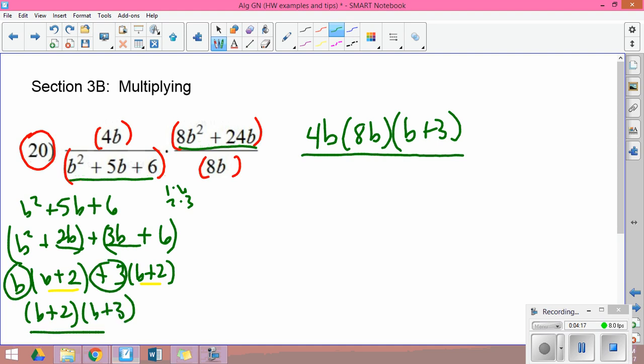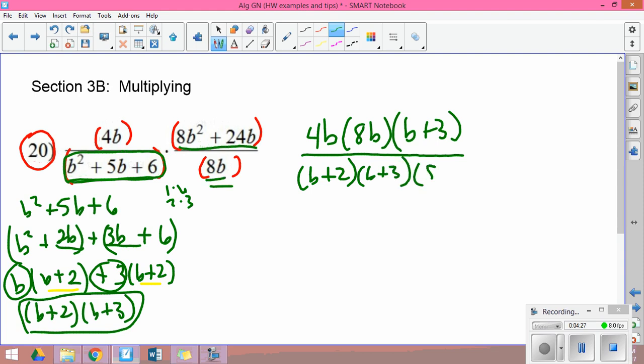Now all of this needs to replace this. So I'm going to write b plus 2 times b plus 3 and 8b. So I haven't done any real work. I've just factored. Now I can go in and cancel. And 8b divided by 8b will cancel.